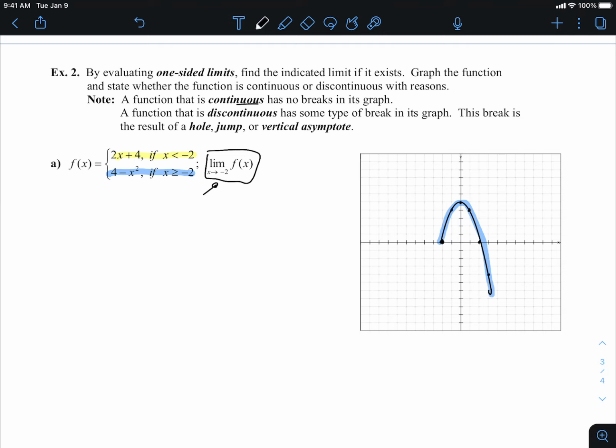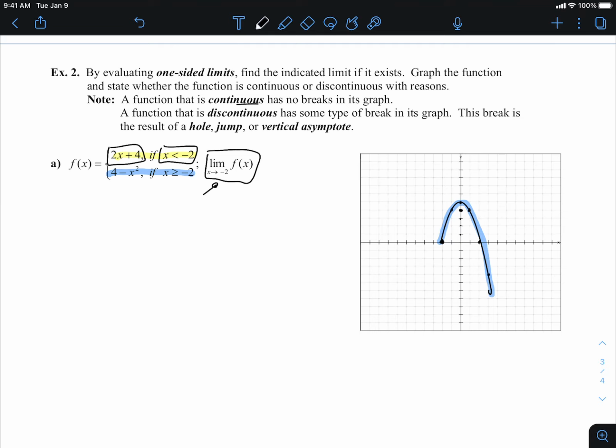I'm going to plot 2x plus 4. You might choose to do this too. It helps me anyway. I'm just going to plot this like a normal line, and then erase all the x value points that fall outside of this. I'm going to go up to +4: 1, 2, 3, 4, and plot a point there.